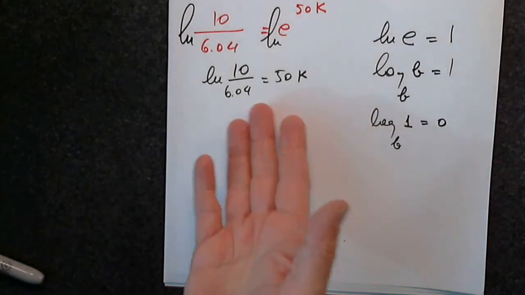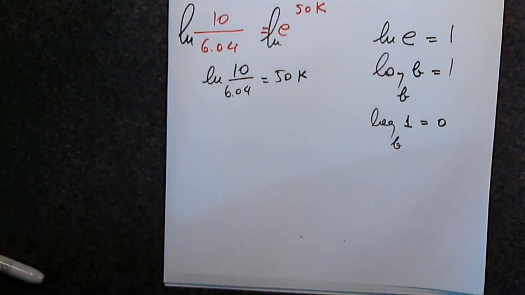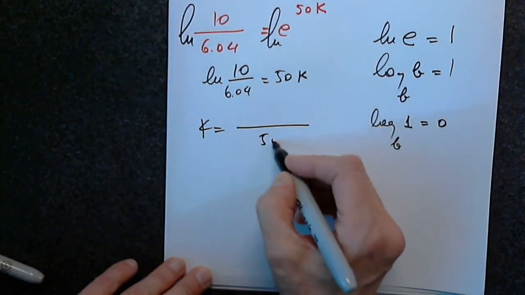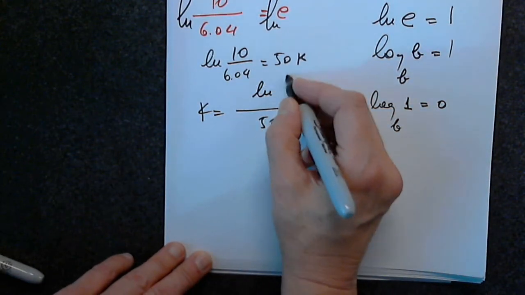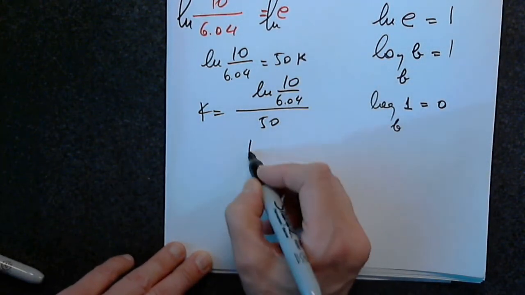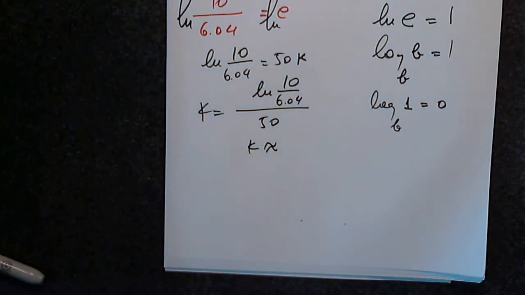Okay, so I'm back here. What do I do to get k? Final step, I divide both sides by 50. So that's natural log of 10 over 6.04, divided by 50. And always with these exponential growth or exponential decay, please make sure you come up with 4 decimal digits. So I'm looking for my software here. Okay.